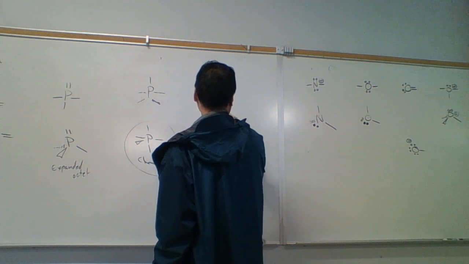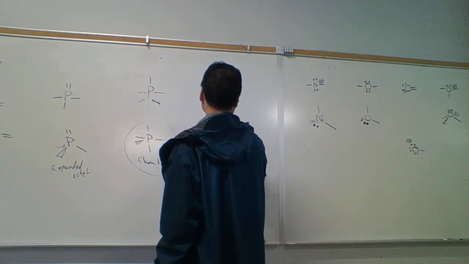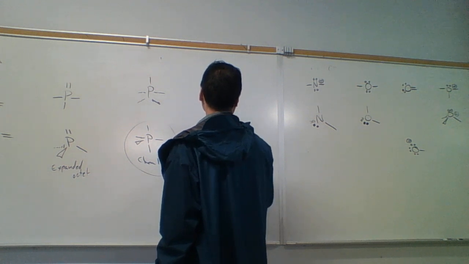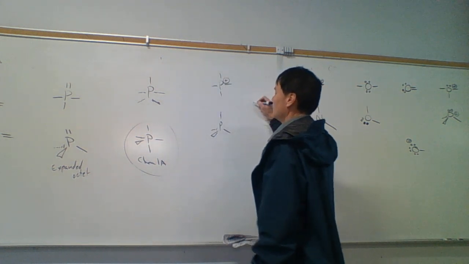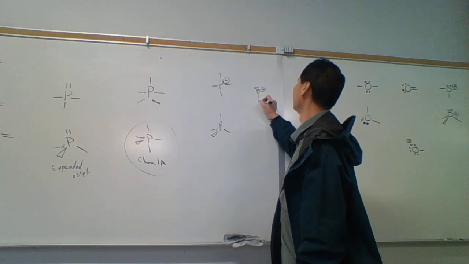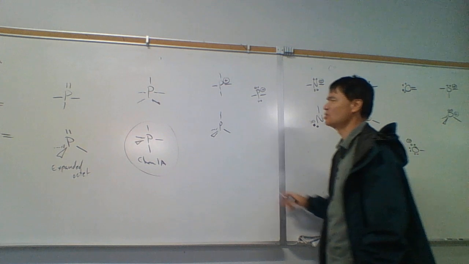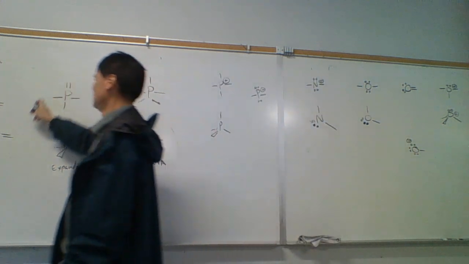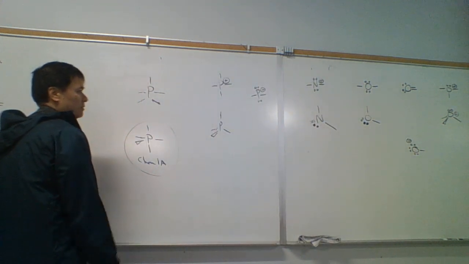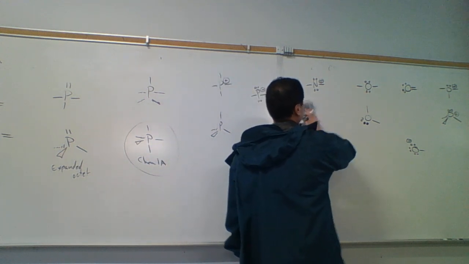Or it could form a negative charge as well. 2 lone pairs. So it's similar to nitrogen, except it has these 2 extra ones here from the capability of handling an expanded octet, whereas nitrogen won't.